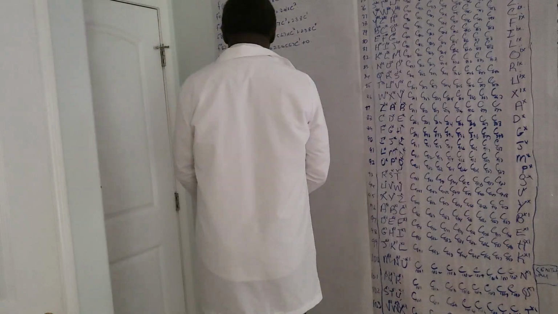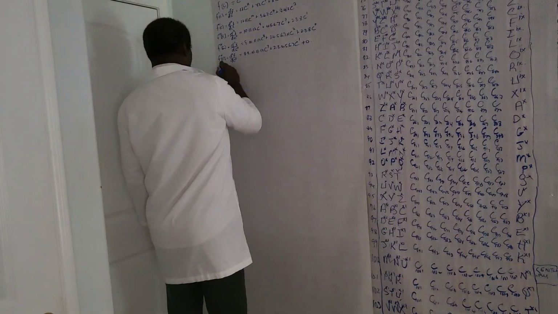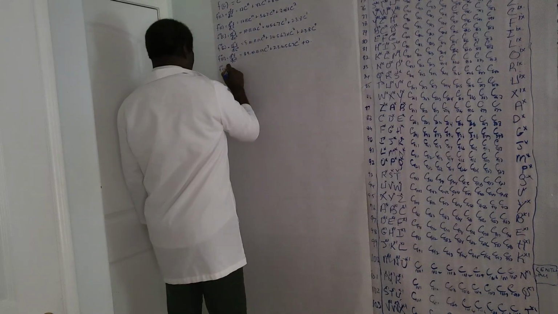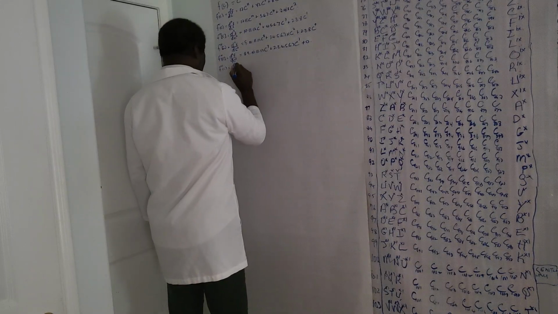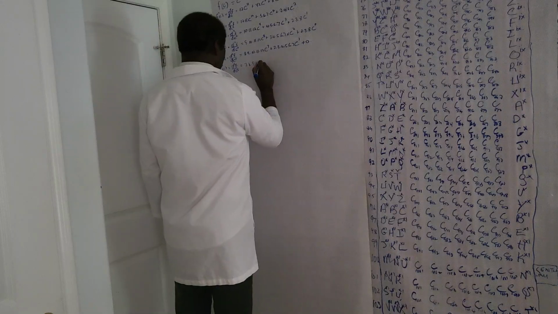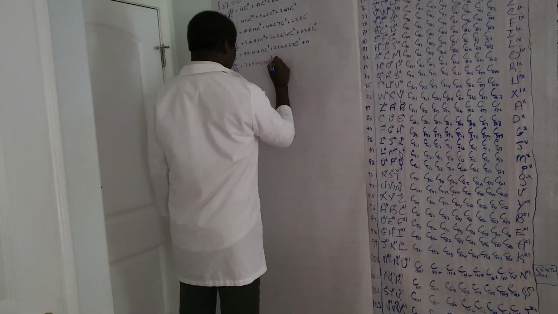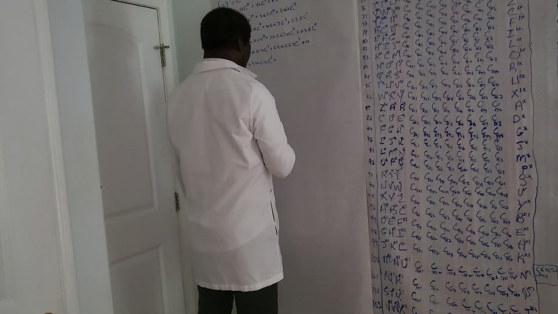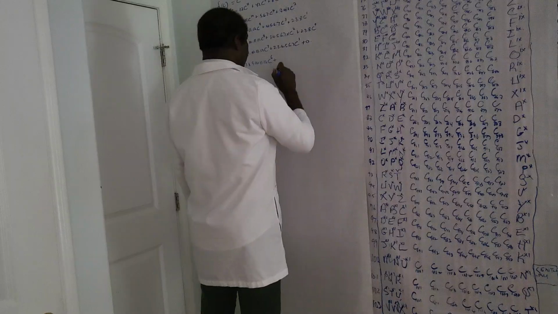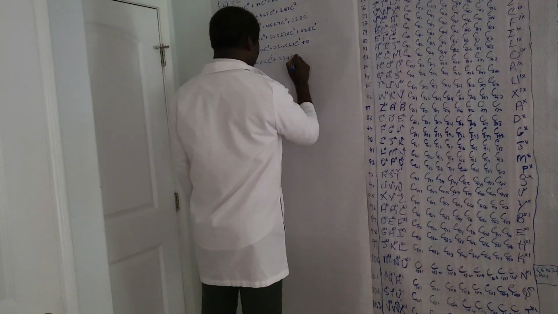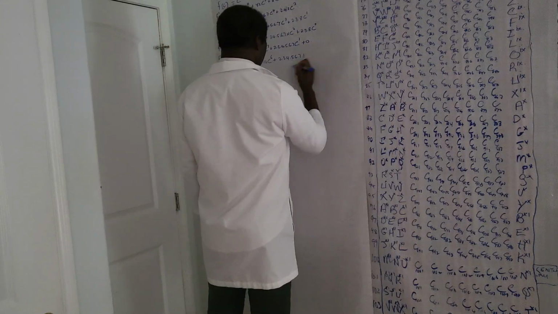Moving along with this differentiation process, the sixth function of C equals d6 of f by dc to the 6, and that's equal to 7 times 8 times 9 times 10 times 11 times 12 C to the 6 plus 2 times 3 times 4 times 5 times 6 times 7 times 1.